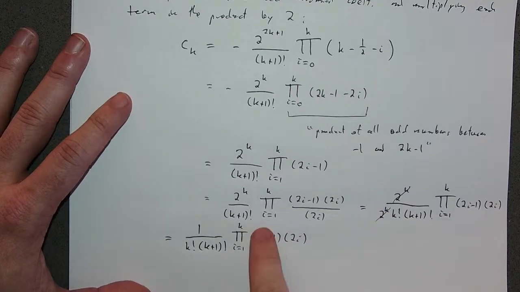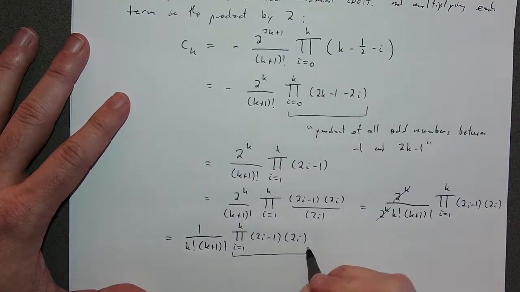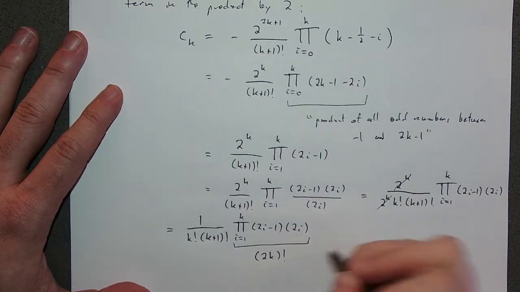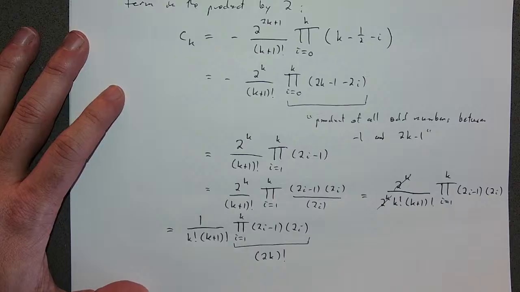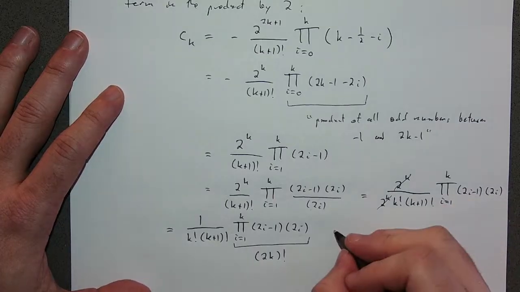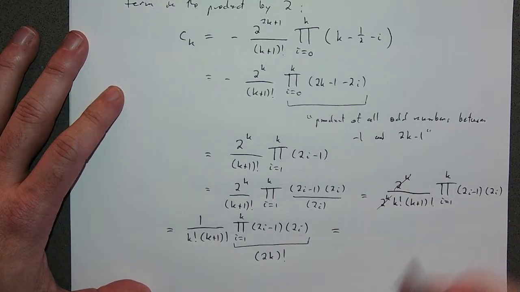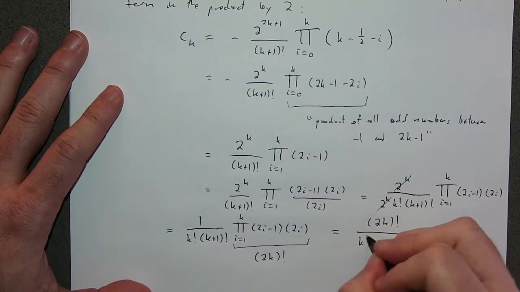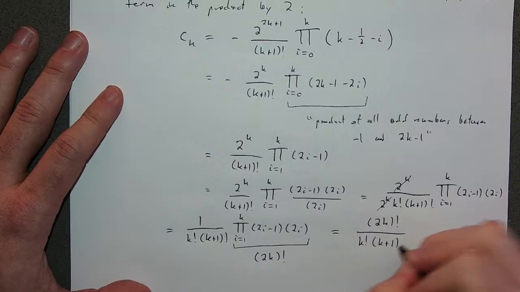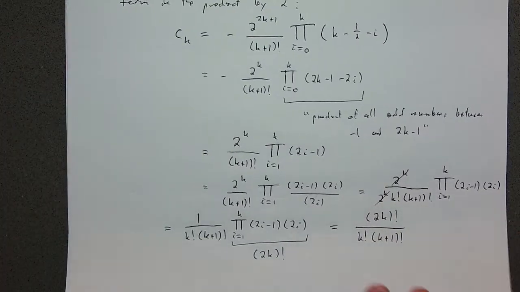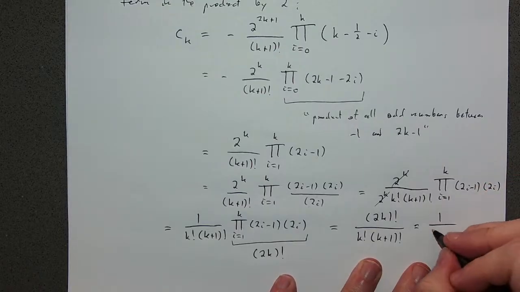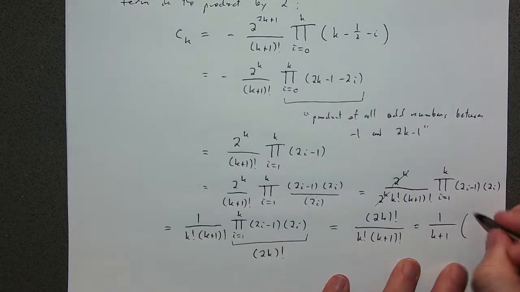But this product is actually just 2k factorial. And so this is really 2k factorial over k factorial times k plus 1 factorial, which can be written as 1 over k plus 1 times 2k choose k.